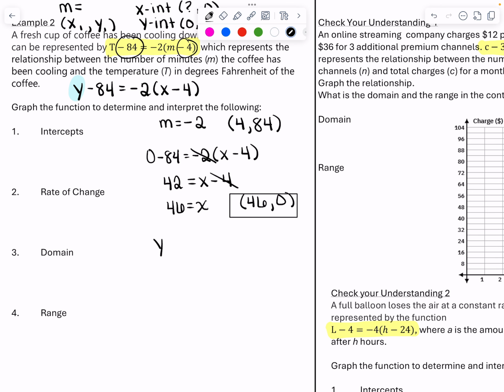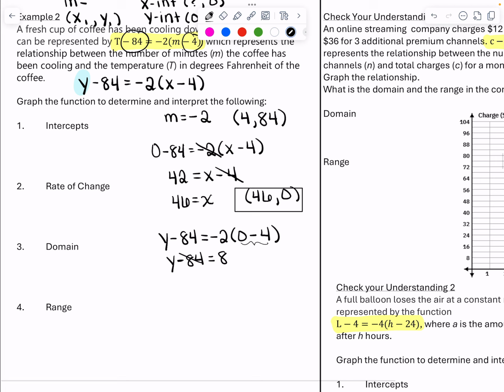So we have Y minus 84 is equal to -2 times 0 minus 4. So Y minus 84 is equal to 0 minus 4 is -4. -4 times -2 is +8.